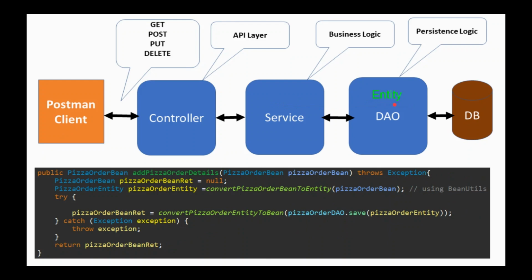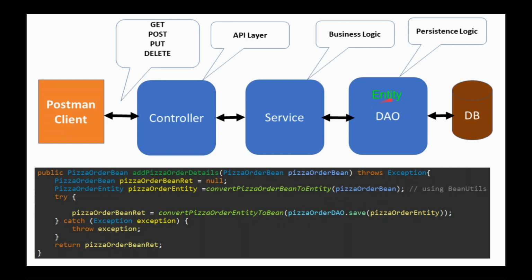Since both layers understand different things, we have a DAO wrapper class. The main functionality of a DAO wrapper class is converting bean to entity or entity to bean. So this is something we have to keep in mind. Once we understand the code and the flow, it will get more clear.